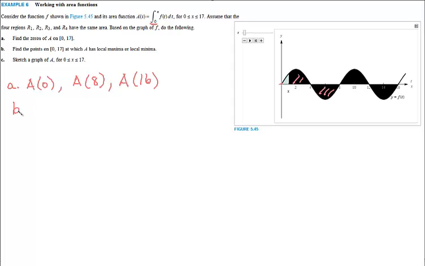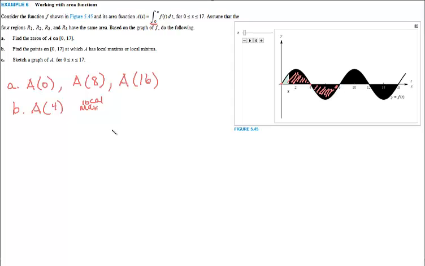Okay, find the points where I have a local maxima or minima. Okay, where would I have the maximum amount of area? This right here at 4 would be a local maximum. I'm going to write local max, because I've just added up all this area that's under that curve, and I'm getting ready to subtract some area, so I know at 4 it's the max, and then it's getting ready to get small again.